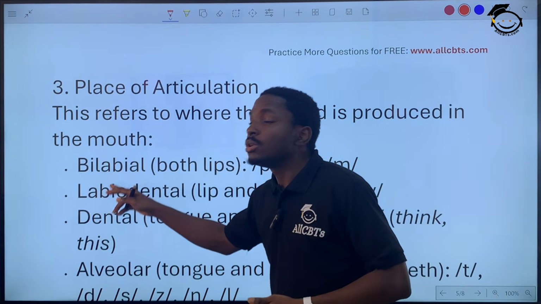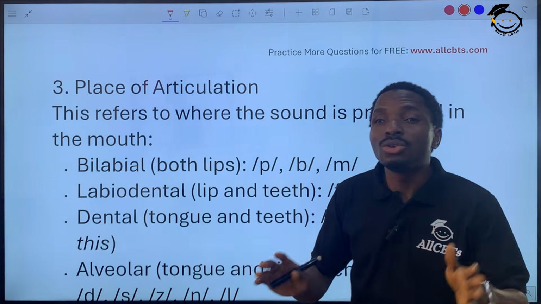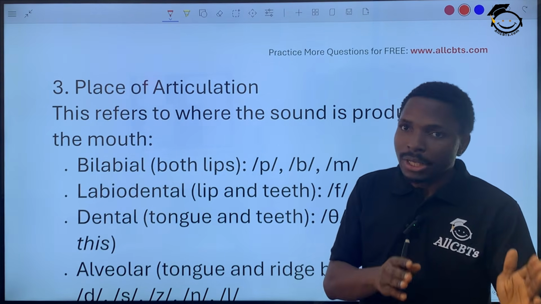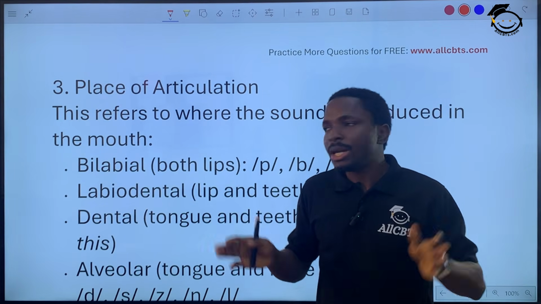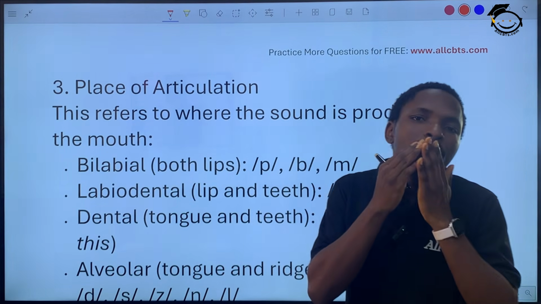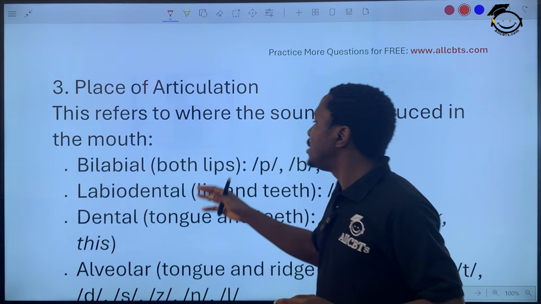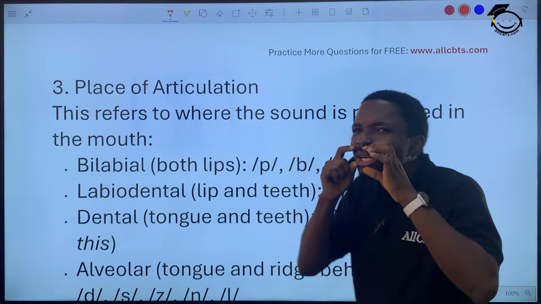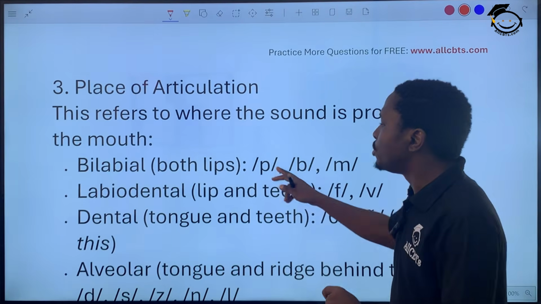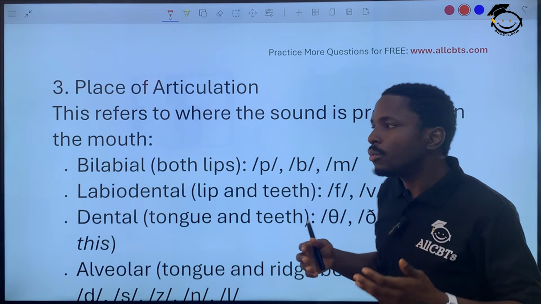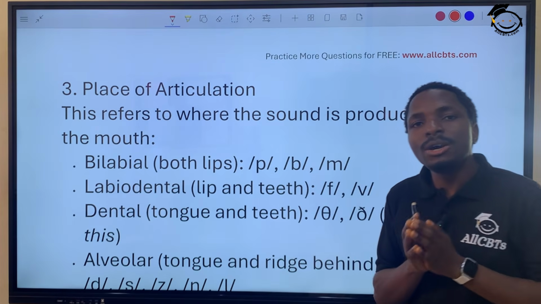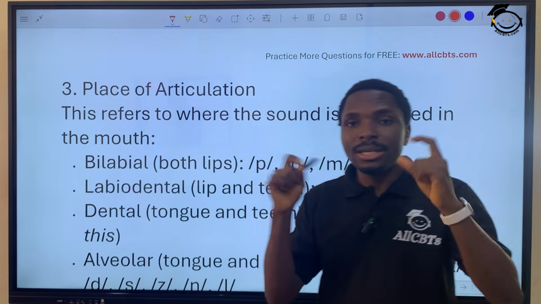So this is an English word, although you would also see it in biology. Bilabial means both lips. So both lips have to move when you pronounce these sounds.